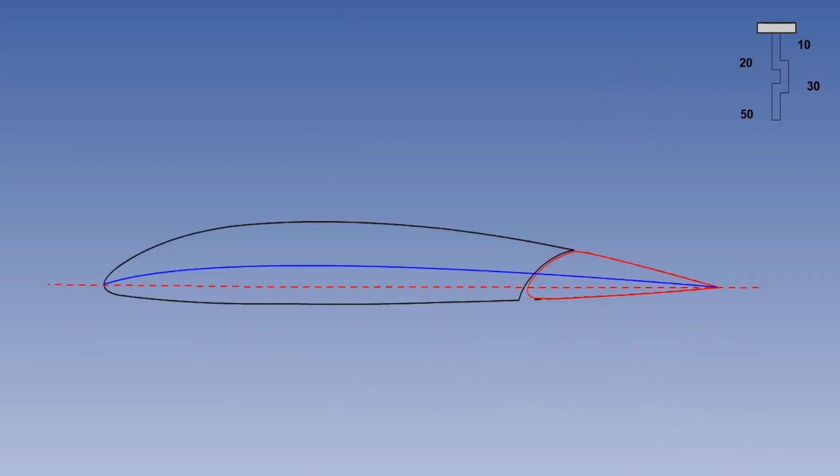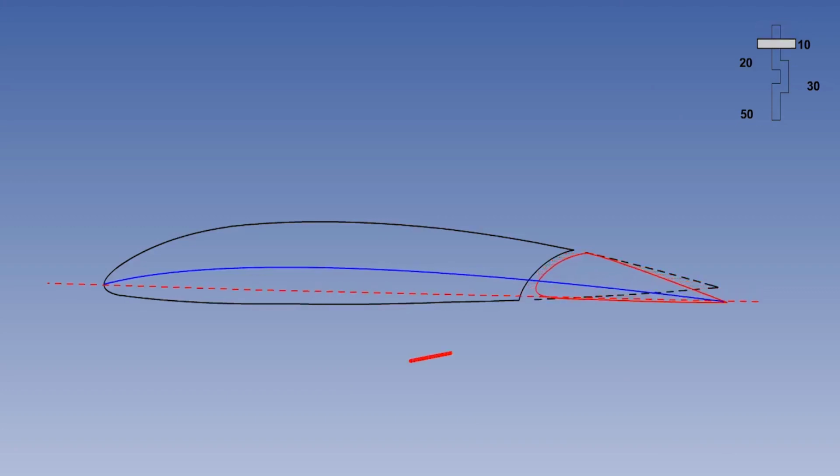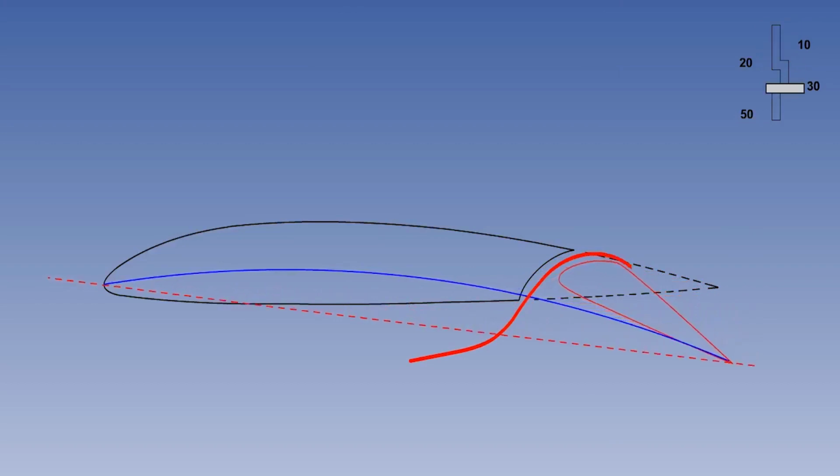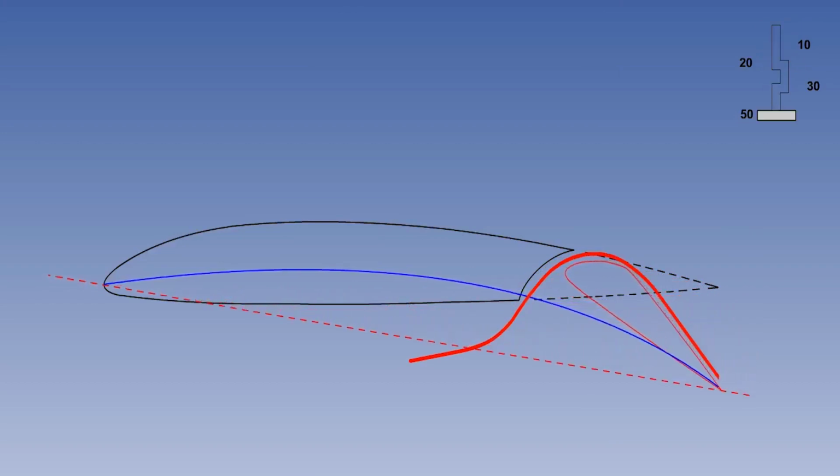The next type of trailing edge flap we'll consider is the slotted flap. When the slotted flap is lowered, a slot is opened between the leading edge of the flap and the trailing edge of the wing. The slot directs high-energy airflow from the bottom surface of the wing onto the upper surface of the flap.